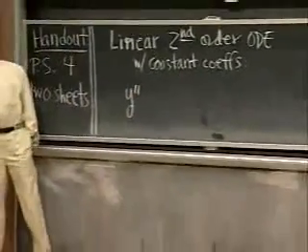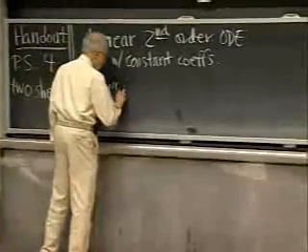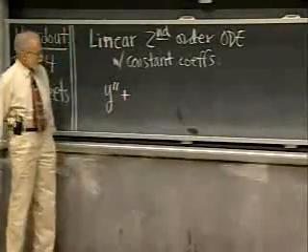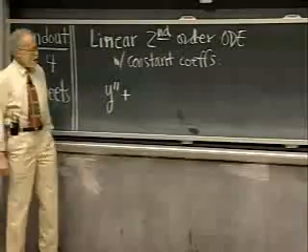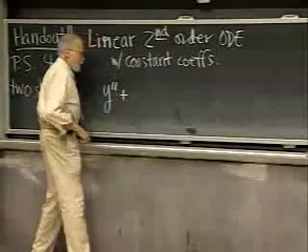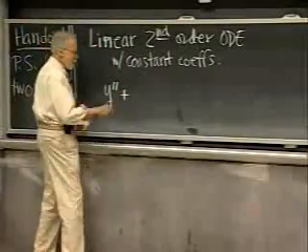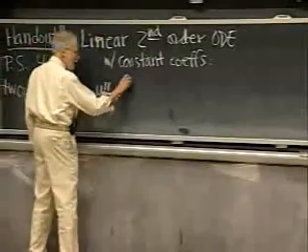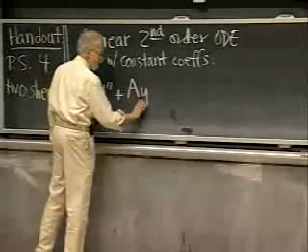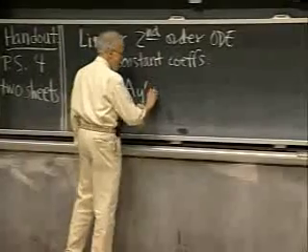I'll use y as the dependent variable. Your book uses little p and little q. I'll probably switch to that by next time, but for today I'd like to use the most neutral letters I can find that won't interfere with anything else. So I'm going to call the constant coefficients, respectively, capital A and capital B.